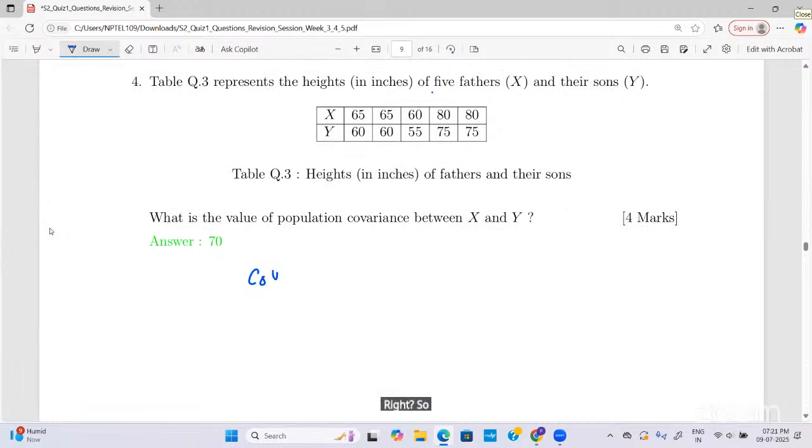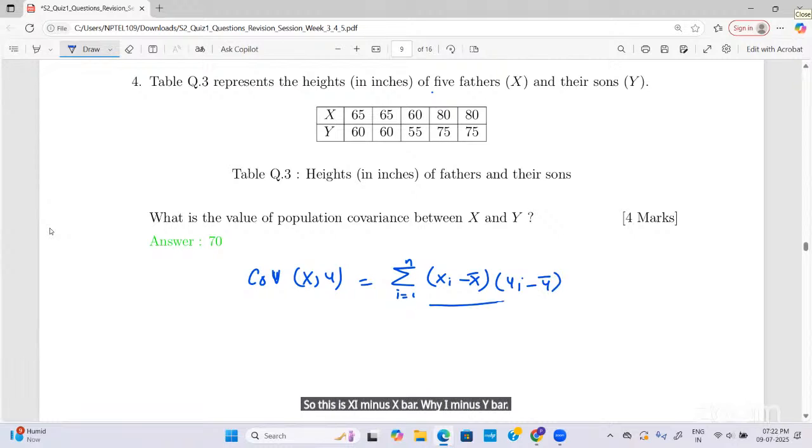So the covariance between X and Y is the summation of xi minus x bar, yi minus y bar, divided by n, right? We have to calculate population covariance, so we will divide by n.